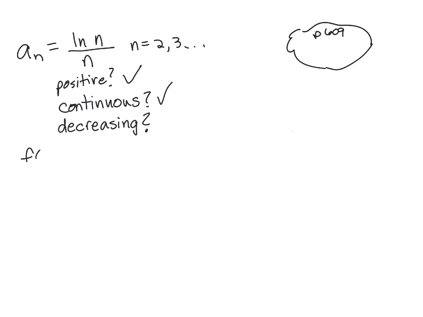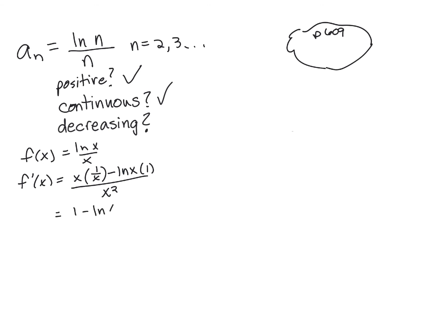So let's look at f of x, the ln of x over x. f prime of x is going to be the bottom times the derivative of the top minus the top times the derivative of the bottom, all over the bottom squared. Make it pretty. Now, is that positive or negative for x greater than or equal to 2?